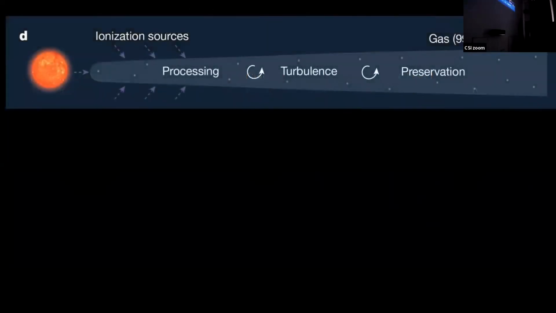All right, so to make things quite simple, you have the central star, you have a disk that forms, processing and turbulence take place, mixing up everything. Some parts are preserved, and still you have some ionization sources from the star itself or from nearby stars.